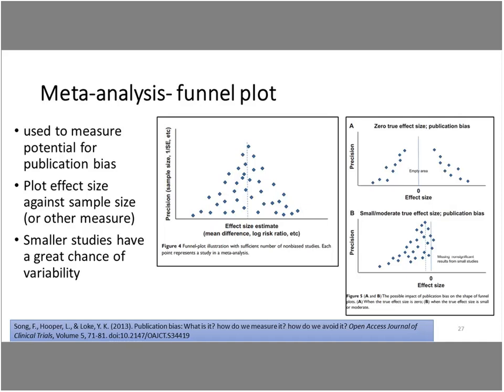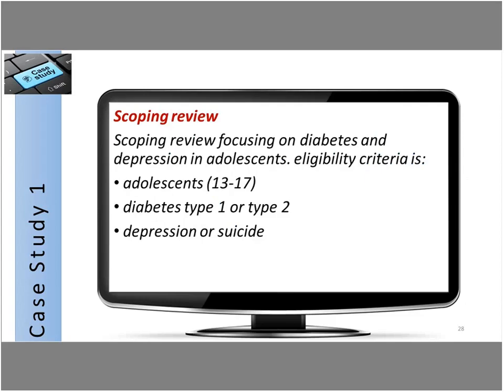So they mean the intervention's really not harming or beneficial. It's really 0. So both of these are showing publication bias. I just wanted to put those out there so you could see what they would look like at the end.